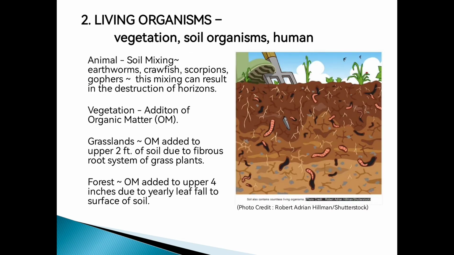Now, we'll go to the second factor, which is living organisms. And that includes vegetation, soil organisms, and human activities. When we say animals, it includes earthworms, crayfish, scorpions, which mixes the soil and destroy the horizons of the soil.